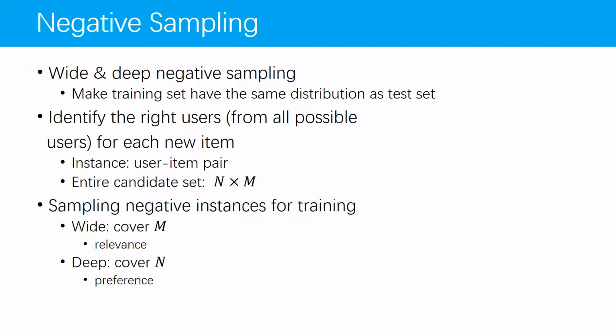An instance is a user-item pair. A naive method is to connect a user with all items. The disadvantages are obvious. The training file will be too large, and at the same time, positive labels and negative labels are extremely imbalanced. So we propose the wide and deep negative sampling algorithm.